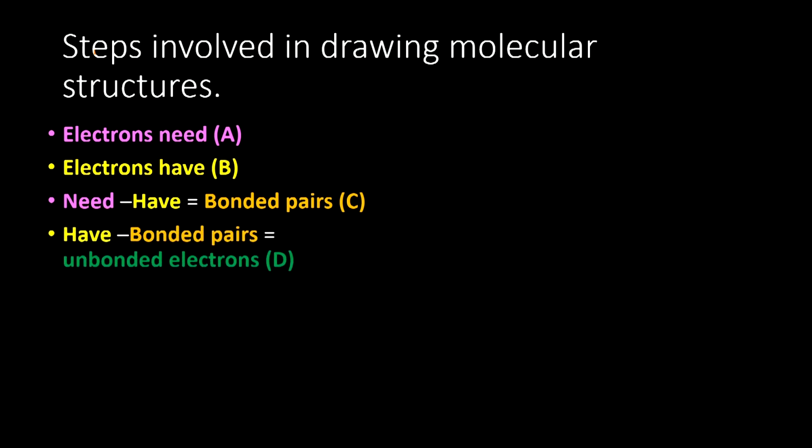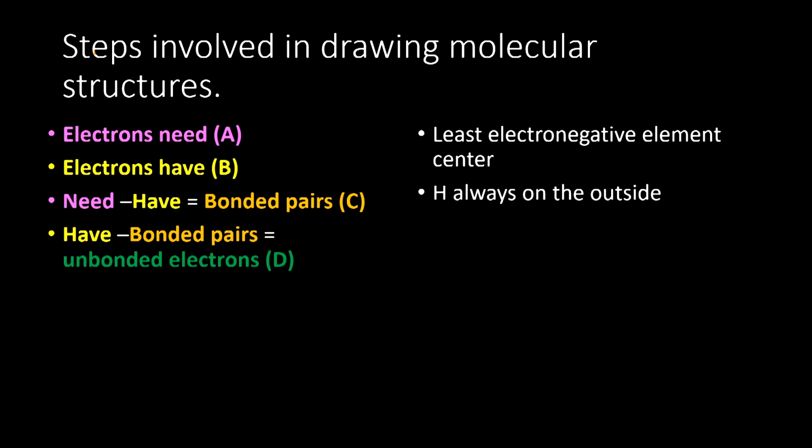And then the difference between our valence electrons, what we have, minus our bonded pairs, is going to tell us how many unbonded pairs of electrons we're going to have in our molecule. There's two other points we need to keep in mind: our least electronegative element is always going to be found in the center, and hydrogen is always going to be on the outside.